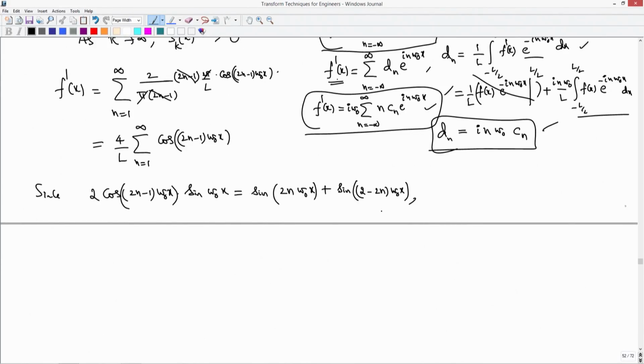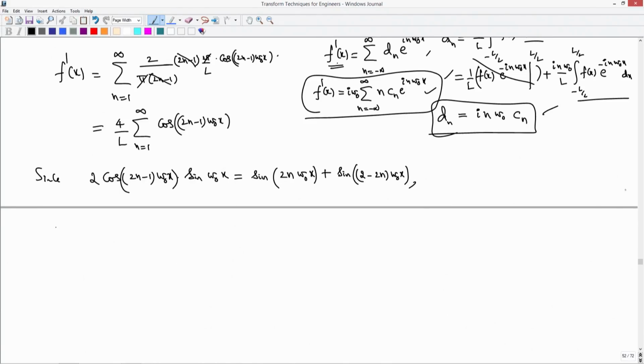So if I use this, what you end up with is f dash of x equal to sigma n from 1 to infinity 4 by L. Now this cos I will use this one here.